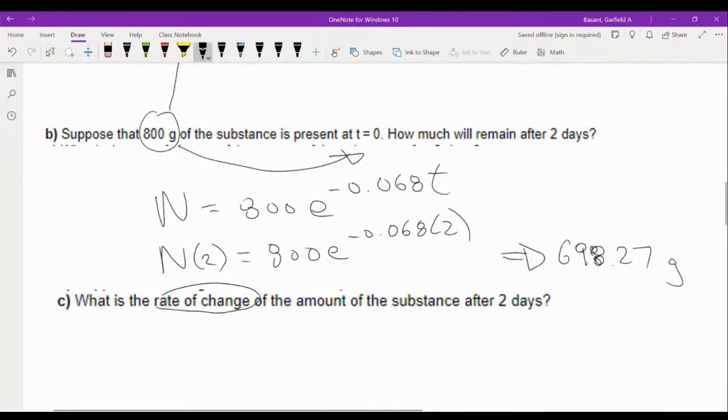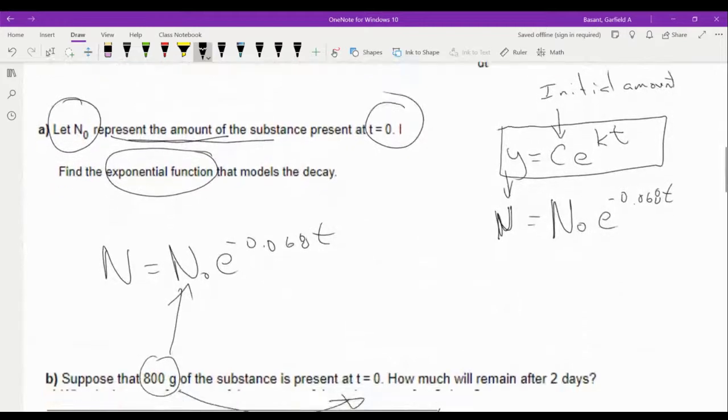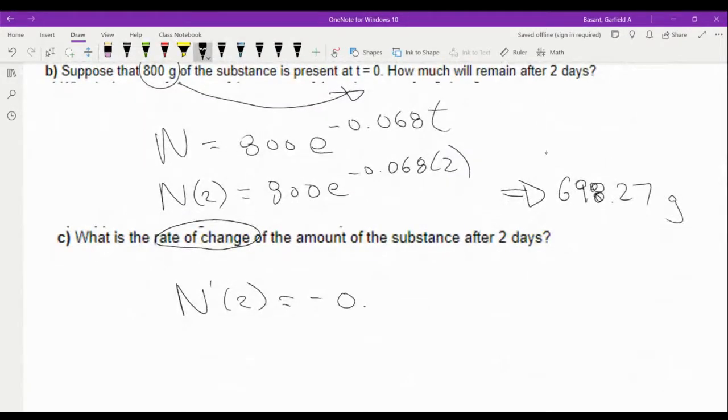So here we're trying to find the rate of change. We know it is N prime of t at 2. Well, they already told us from the very beginning that this was equal to negative 0.068 N. So absolutely nothing different from what we just did in the previous section, except the exponent is negative.